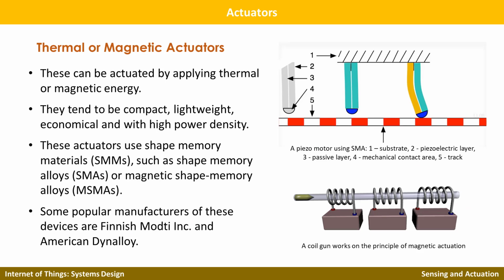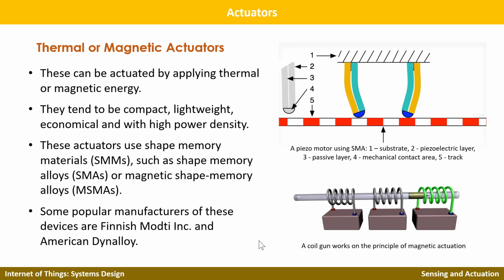Thermal or magnetic actuators are the next type of actuators. They tend to be compact, lightweight, and economical with high power density. In the two figures presented here, you can see two different actuators.